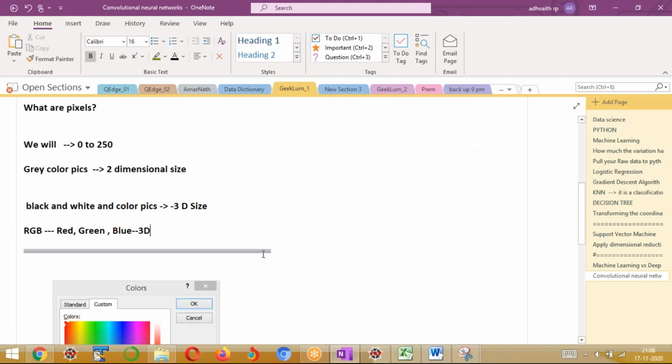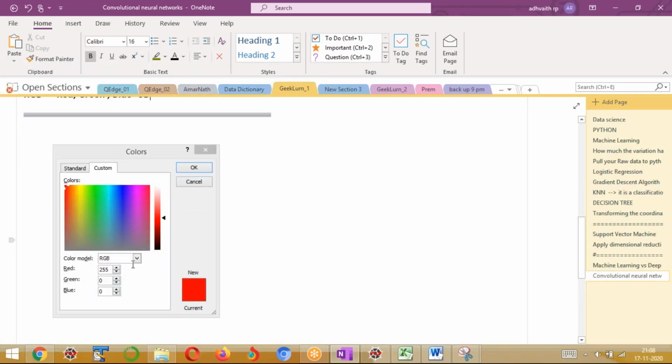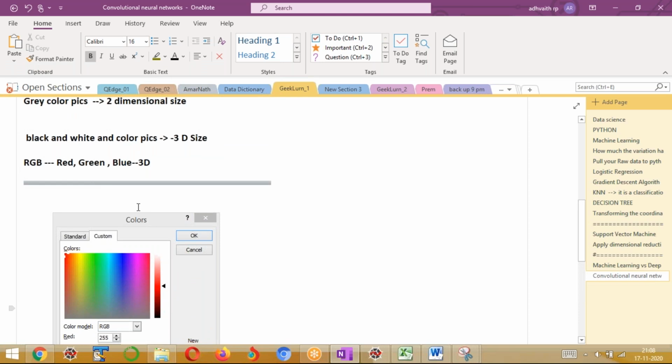So here also for each color, if the image you are passing contains more red color information, those will be saved in one axis. If the image contains more green color information, the values will be stored in the second dimension. Like that, if you are passing more blue color information, those values will be saved in the blue dimension.